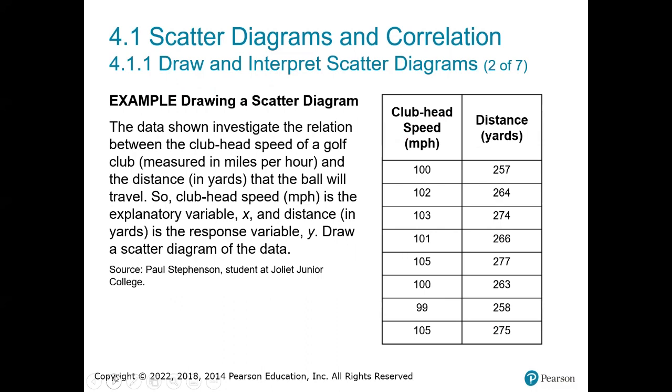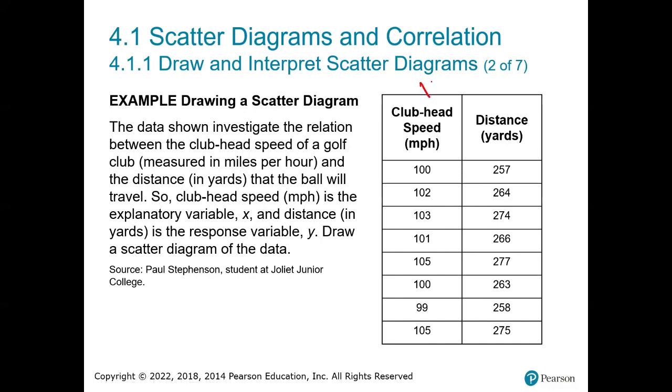All right, so how do we draw a scatter diagram? Again, we always start with the by hand method, and then we move to the StatCrunch method. At the end of the section, I'm going to do an example fully with the technology, but I'm going to show you now how we do it by hand. So right now we have the relationship between club head speed of a golf club measured in miles per hour and the distance in yards that the ball travels.